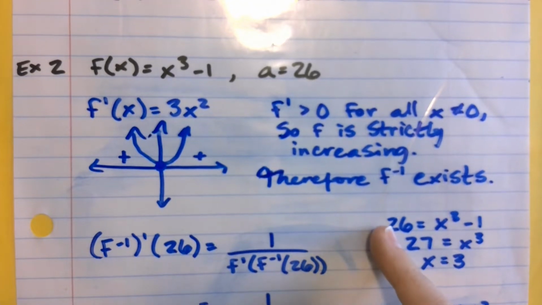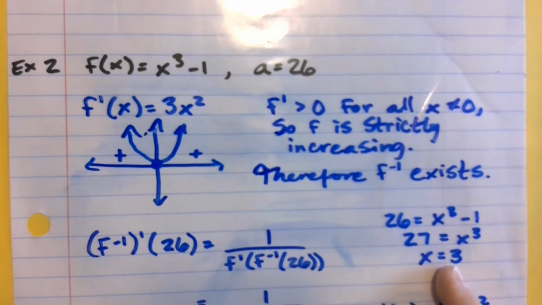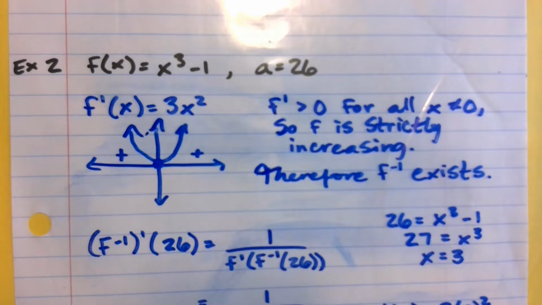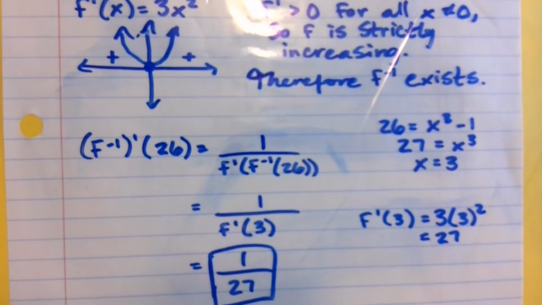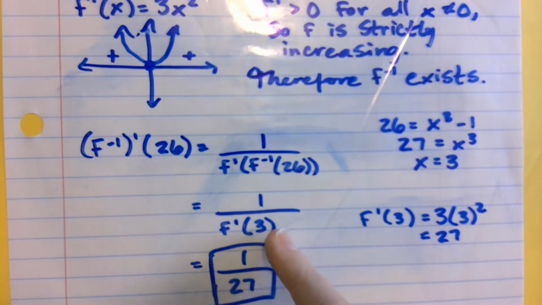So plugging in 26 for my y value in f of x, I'm going to end up with 3 as my x value, which means I have the point (3, 26) on f. So switching them, I have the point (26, 3) on f inverse.